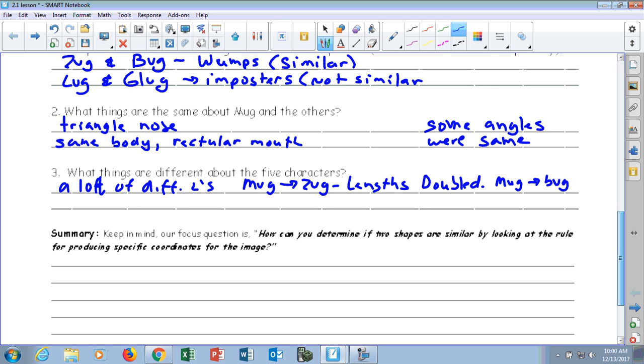Mug to Bug, it was tripled. And then we also talked about Lug. Lug was wider by 3 times. Same height, but he was wider. And then Glug was taller, by 3 times.